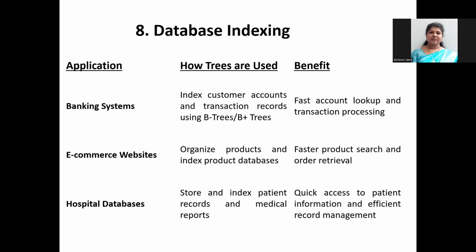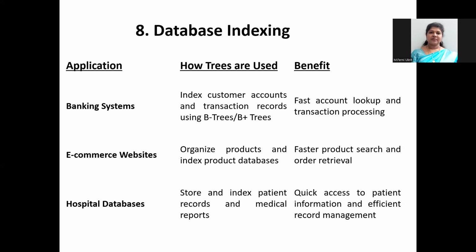In banking systems, normally all the customer records and transaction records are stored mainly using B trees and B plus trees, based upon the account number and transaction record, so that you can have a fast account lookup and transaction processing.